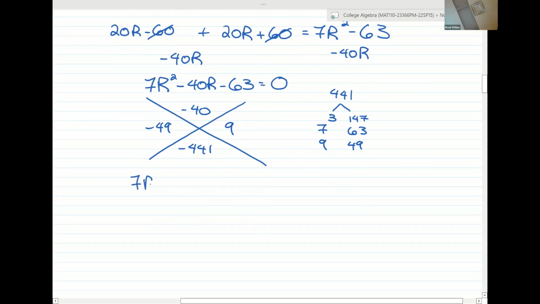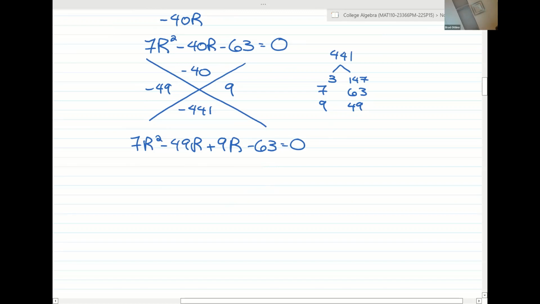We get 7r squared minus 49r plus 9r minus 63 is equal to 0. Cutting it down the middle, we take out a 7r. We're left with r minus 7.